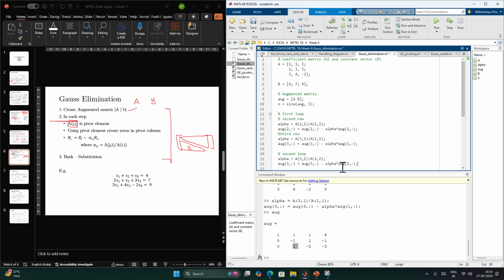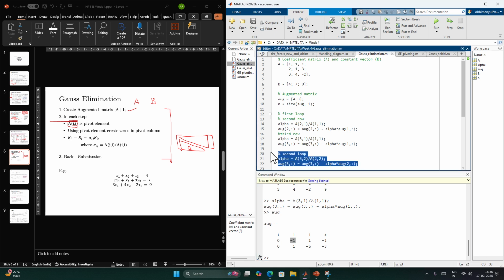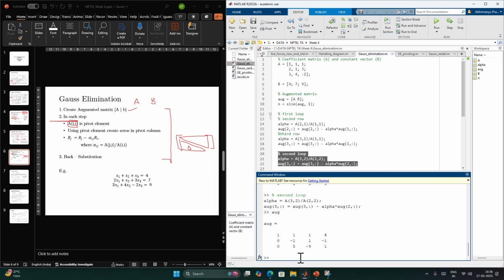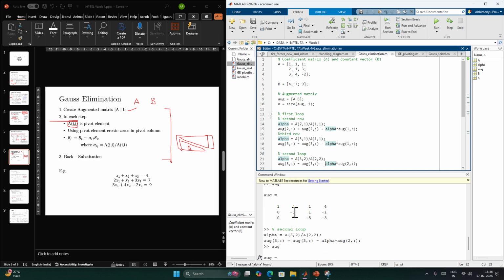So I will multiply it by the second row, because we have taken our pivot element as the second element. Okay. So if I run this, some error happened. A3 comma 2 would be there, and A2 comma 2, this was the pivot element.